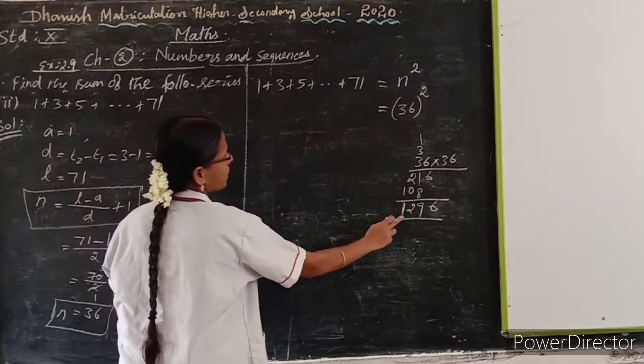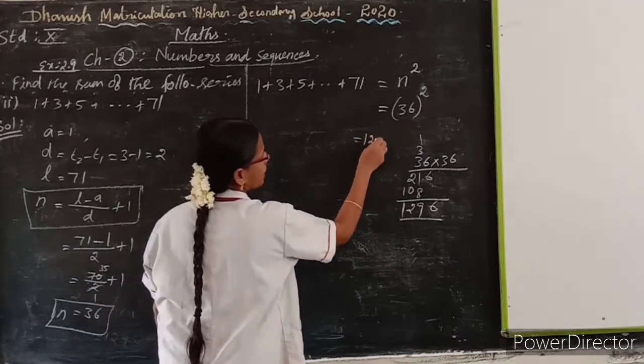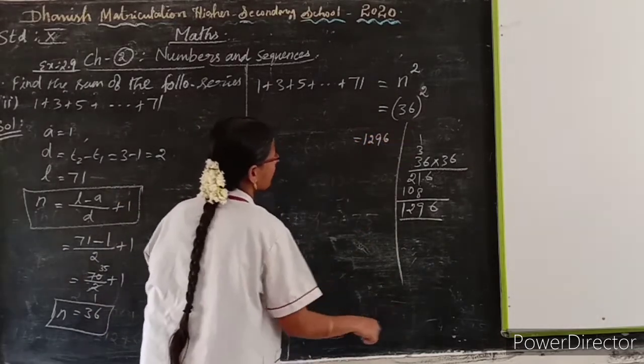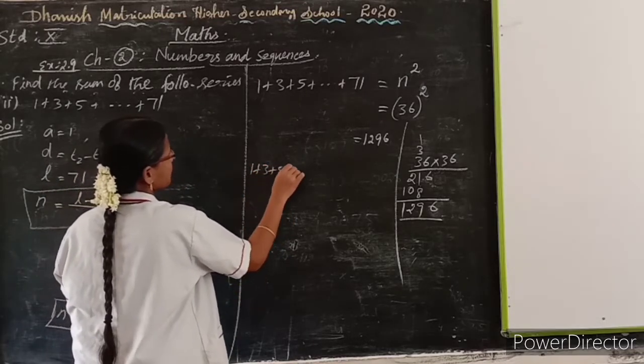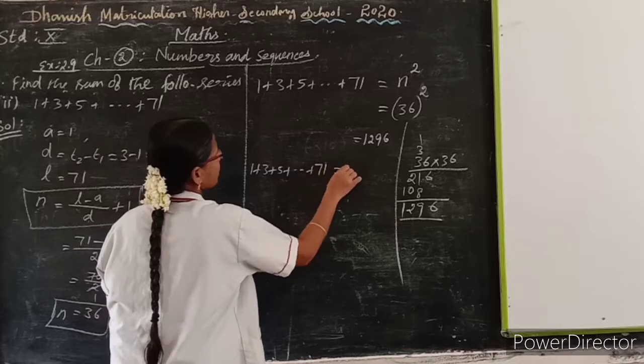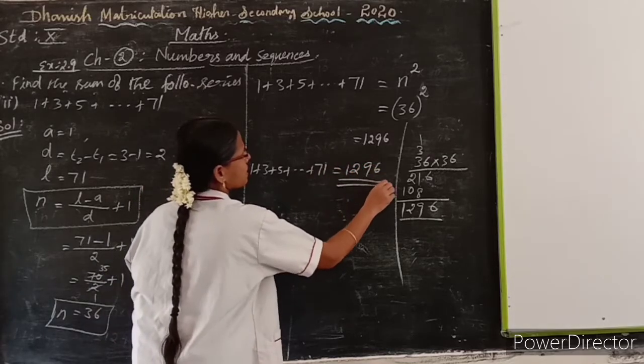So 36 square is 1296. That is, 1 plus 3 plus 5 plus etc. up to 71 is equal to 1296. The answer.